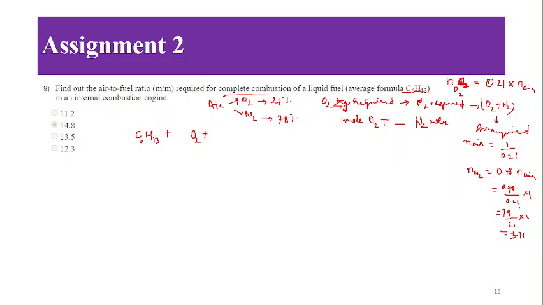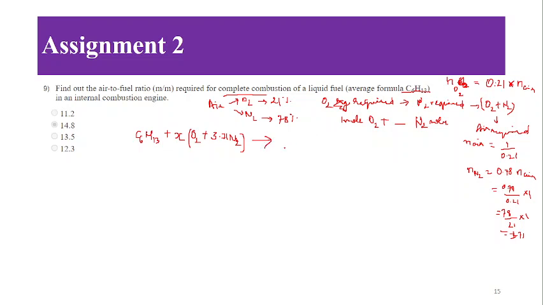So if 1 mole of O2 is there, then 3.71 moles of N2 will be there in that air. But we don't know how much air is required, so we write X here. This is the reactant side.